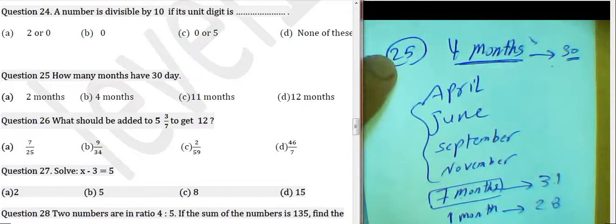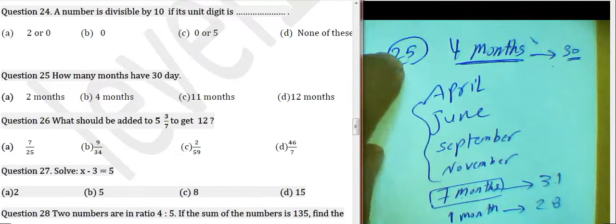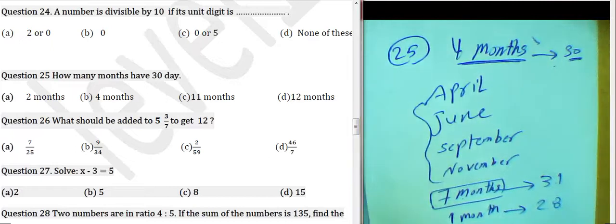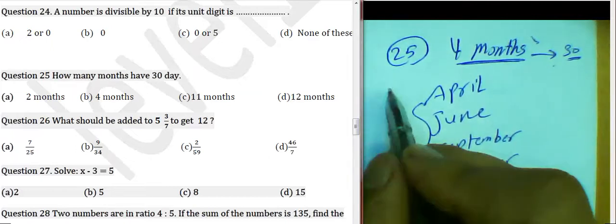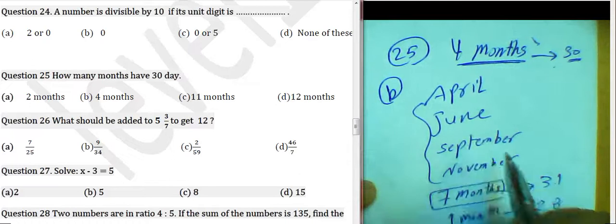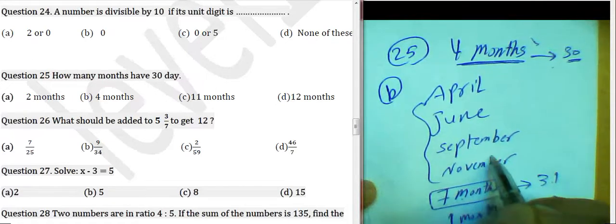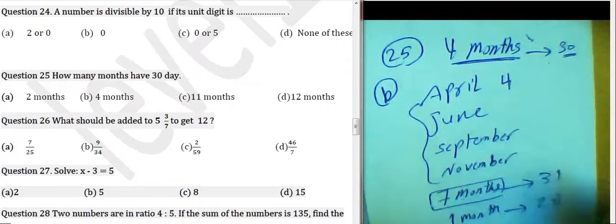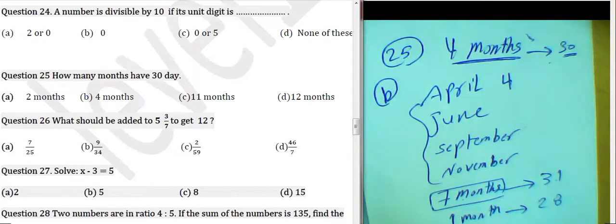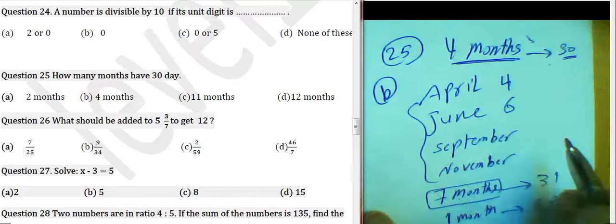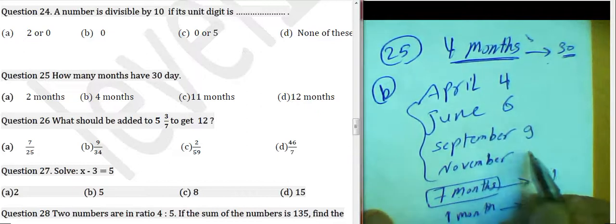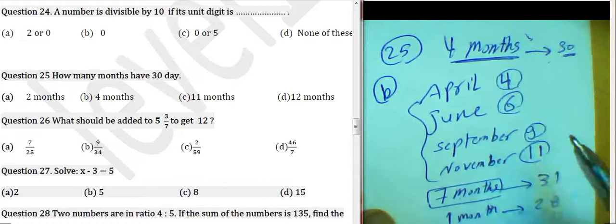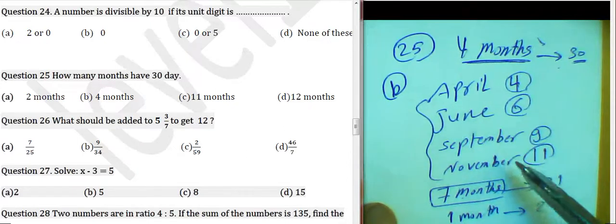So in this example, he asked how many months have 30 days. We have 4 months, so we must choose letter B. April, June, September, November.